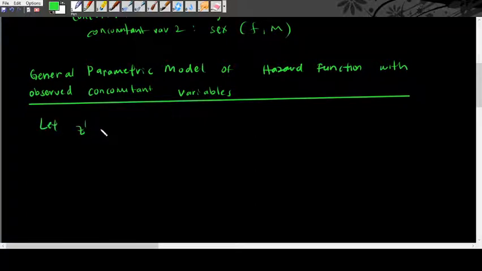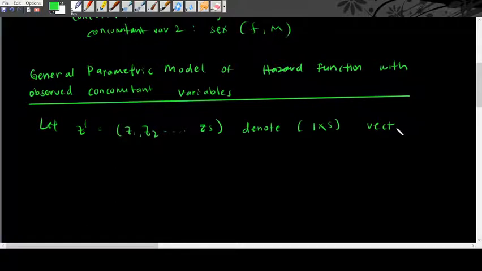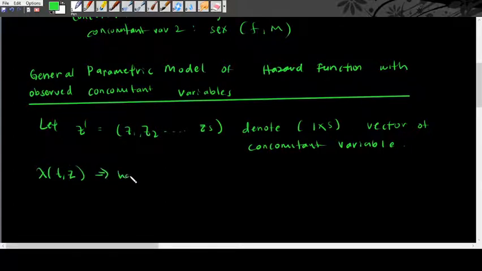Let z prime equals z1, z2, ..., zs denote a 1 times s vector of the concomitant variables, and let lambda(t, z) be the hazard rate.